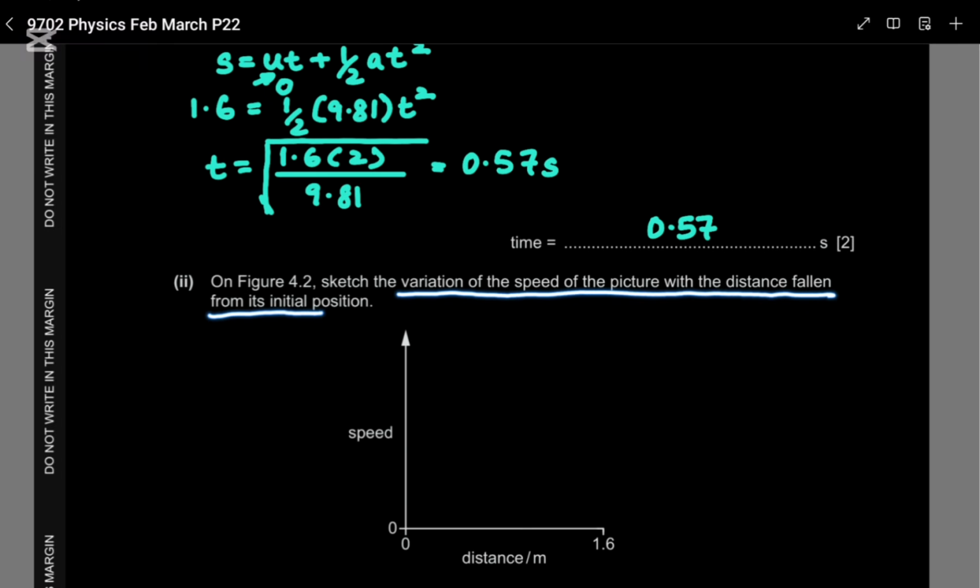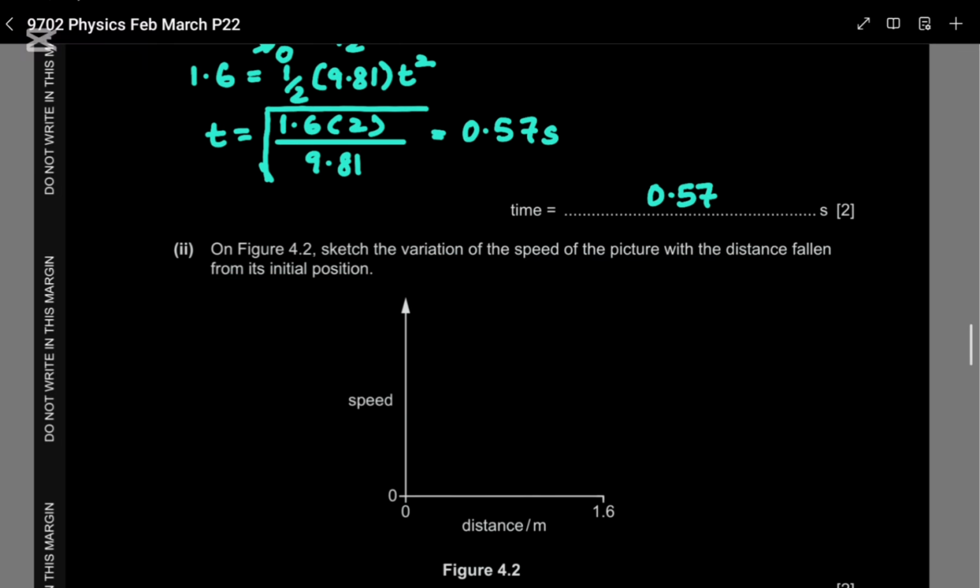its initial position. It's not time, it's distance, okay? Now, one thing, when the picture falls, this is the picture. This is the ground, suppose.